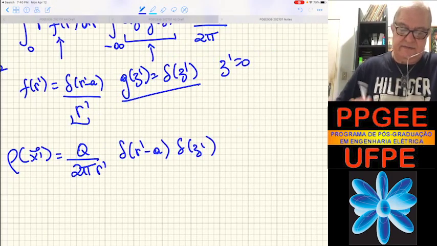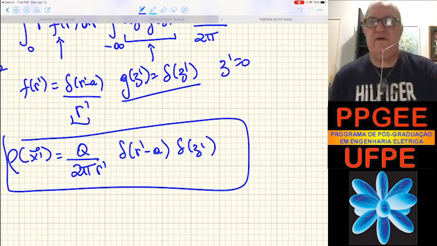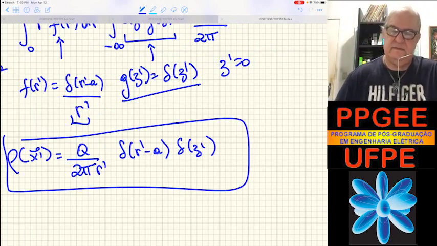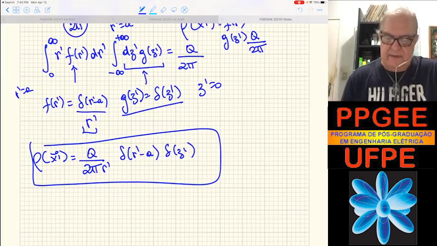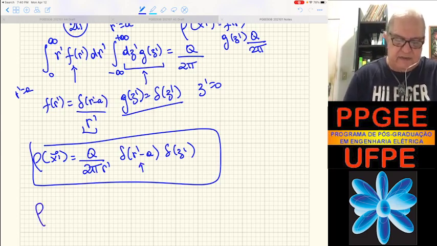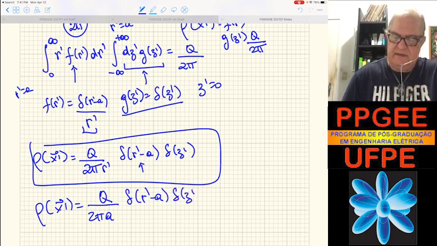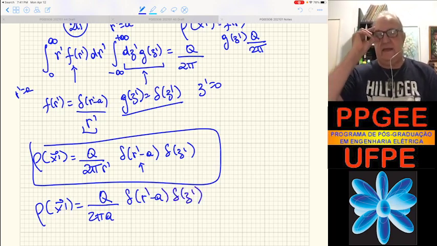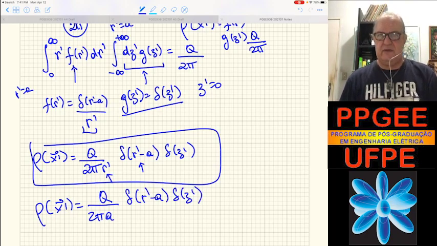That's our delta function that we have to use in calculating the potential function, okay? That can also mean, because this function only exists at r prime equals a, this is the same thing as rho of x prime equals Q divided by 2 pi a, delta of r prime minus a, delta of z prime. In practice, it's the same thing, because this only occurs at r prime equals a.